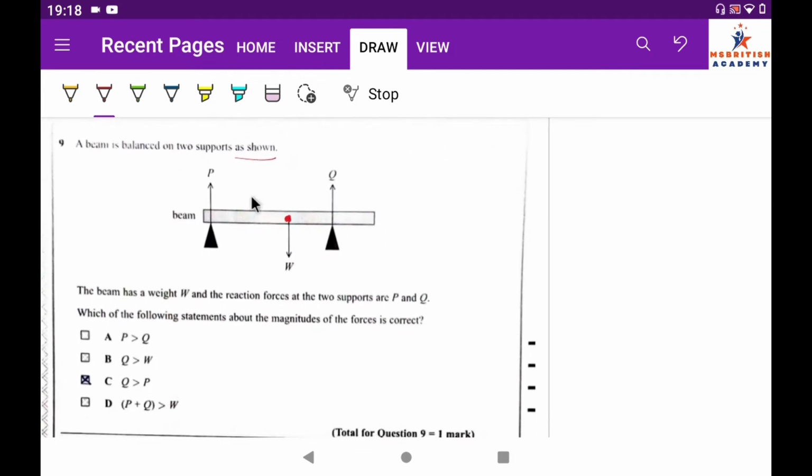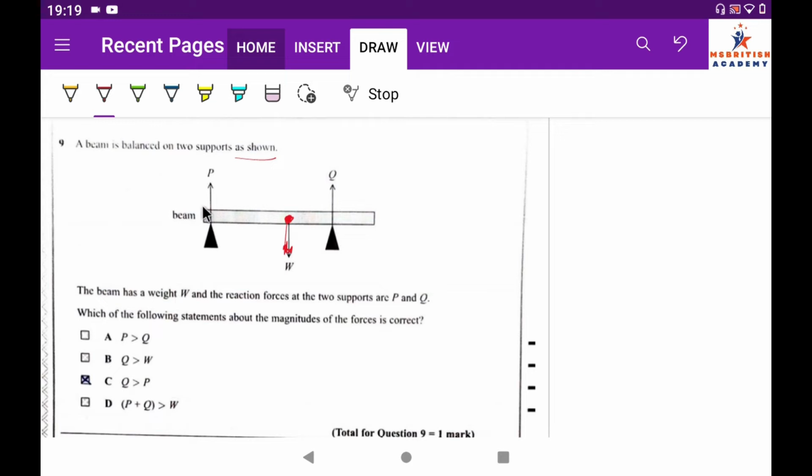A beam is balanced on two supports as shown, P and Q, and this is the center of mass, here W. The beam has a weight W and reaction forces at the two supports P and Q. Which of the following statements about the magnitude of the forces is correct?